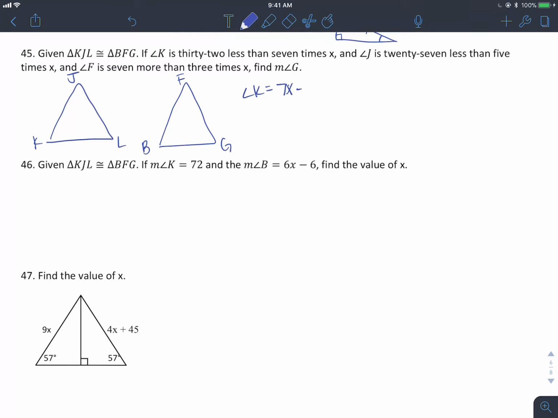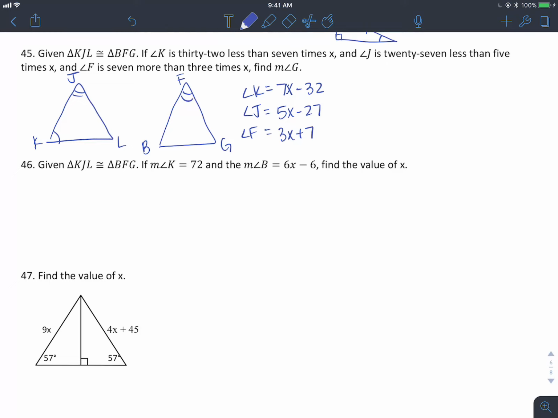So that means 7x minus 32. So that is this angle right here. Angle J is 27 less than 5 times x. So 5x minus 27. And then we have angle F. So angle F is 7 more than 3 times x.